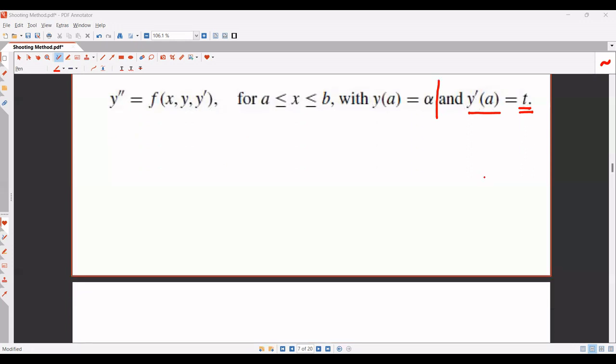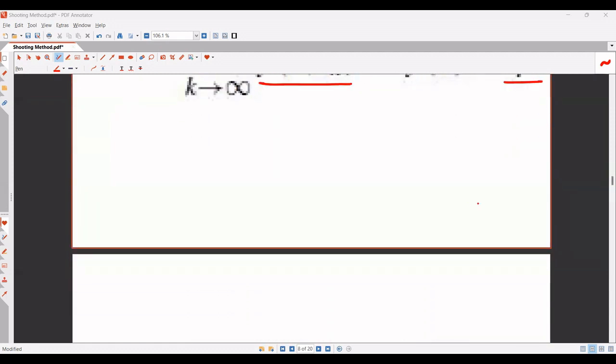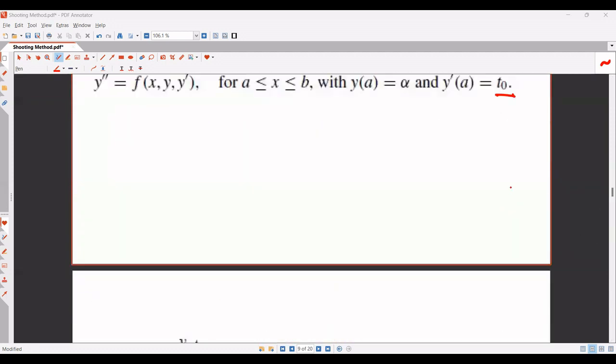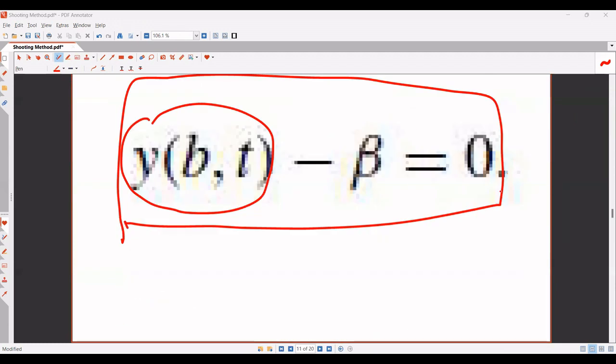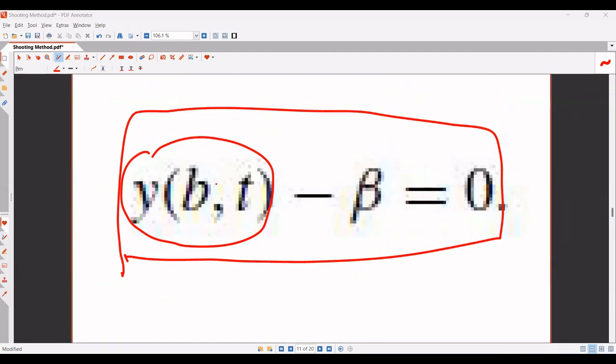We are going to approximate a better value of t. We are going to improve t0 to another t1, basically using this equation. Because eventually, our best t should satisfy this equation.